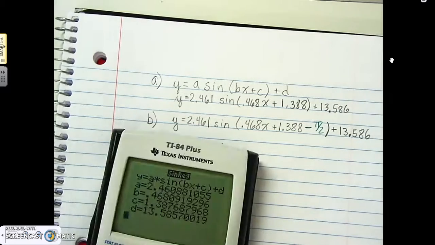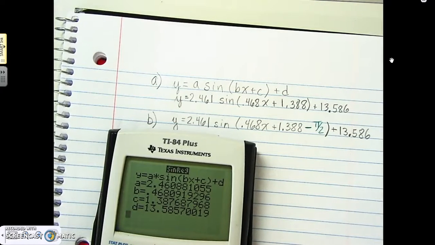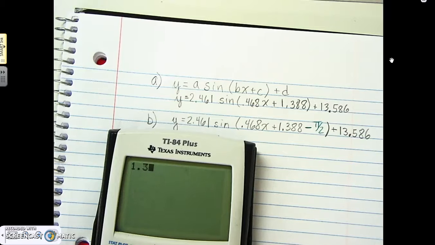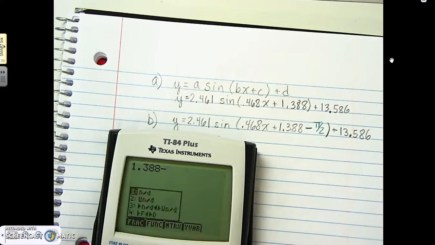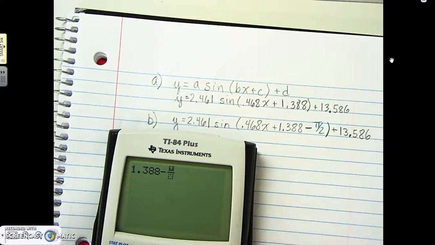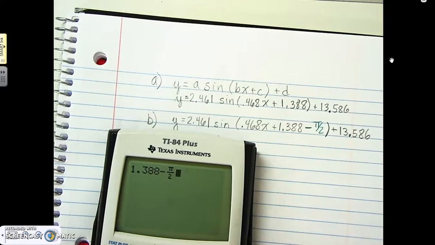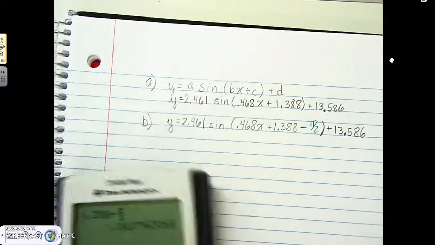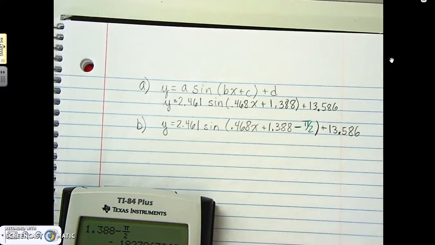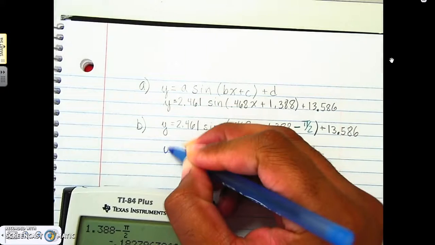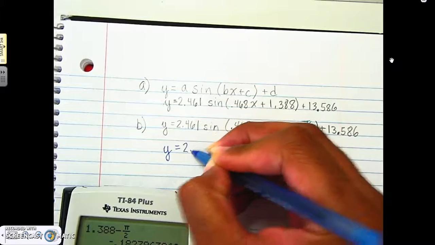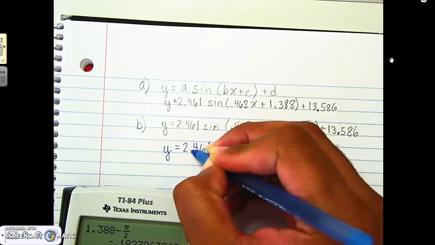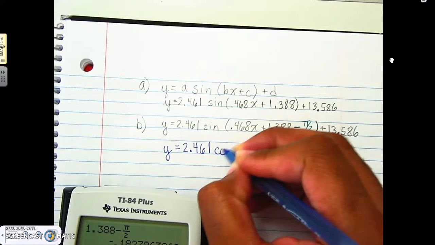So we have 1.388 minus, we'll do alpha y equals and get the fraction, so pi over 2. We're going to get this answer. So we're going to rewrite this now so it has a cosine in it. So it changes from sine to cosine now.